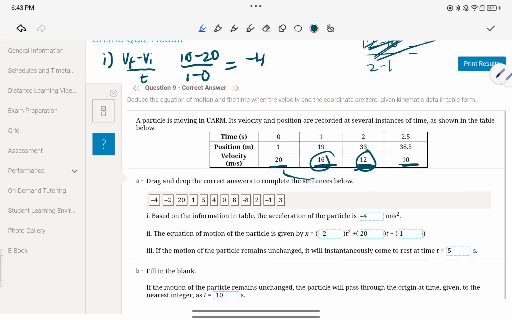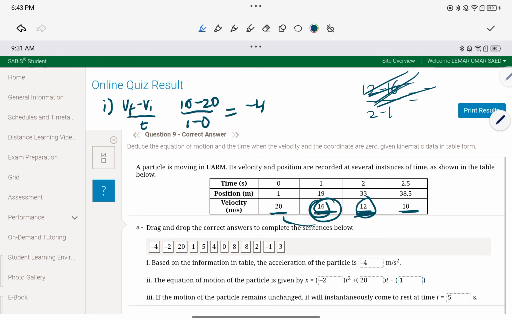They want the acceleration, so this is v final and this is v initial. So just do that. Here, -4 over -1, you will get -4. You can use this as v final, this as v initial, like you want, but always use the correct time. So just use the first two all the time to be safe. So it's -4.